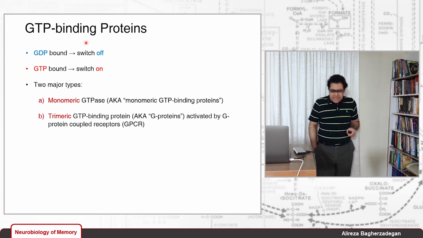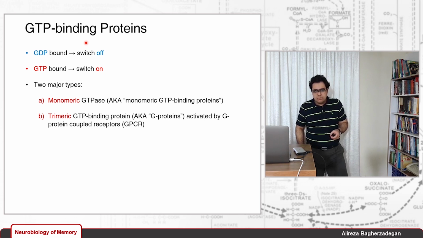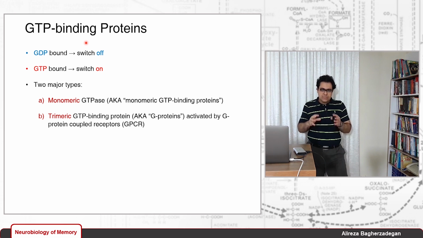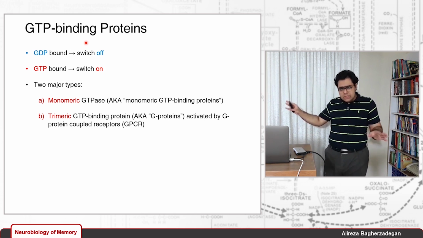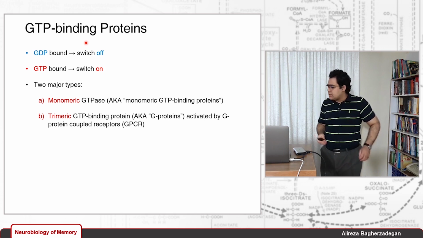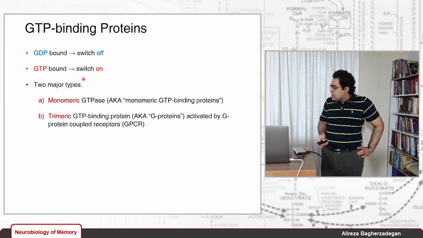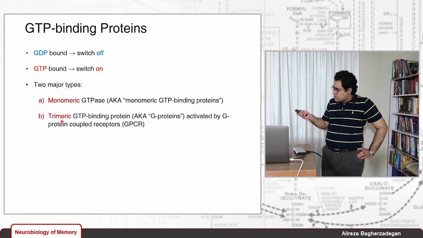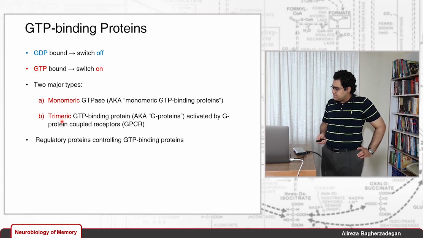In this case, hetero means different, and trimeric means something which is composed of three parts. So when we say heterotrimeric G protein, we're talking about a G protein which is composed of three different subunits. I'm going to explain the exact structure of these proteins. So these are the two main types of G proteins.